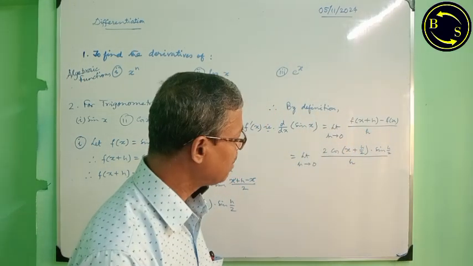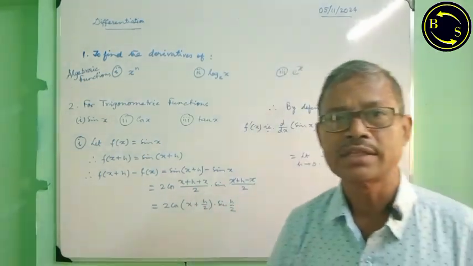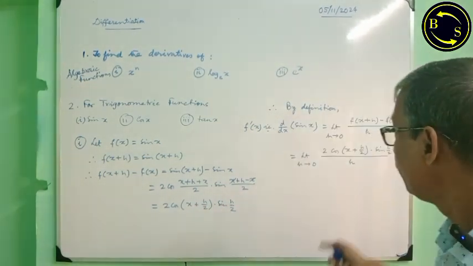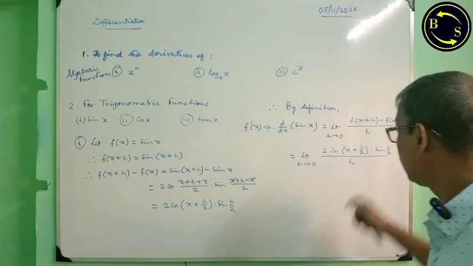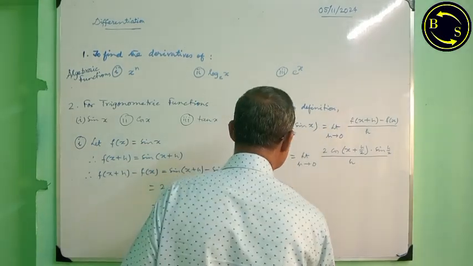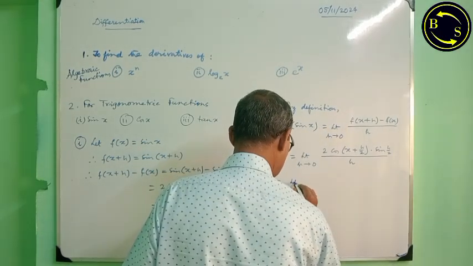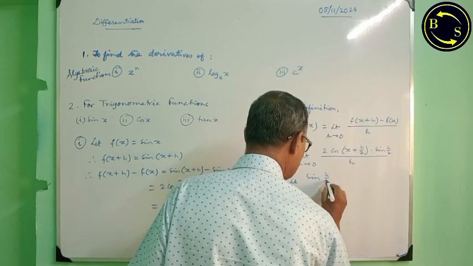Now we have the standard limit x tends to 0, sin x by x, that is equal to 1. Here we are getting sin form, but the angle is h by 2. To get the standard form, we rewrite this like this: limit, I write first sin h by 2 divided by h by 2.